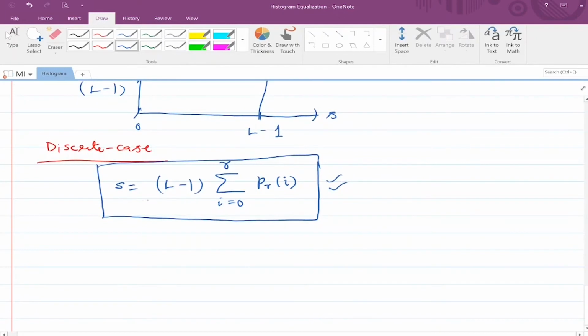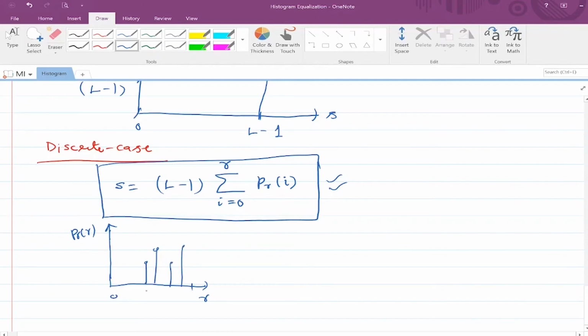All you need to do is, for example, now this is very easy to implement. Okay, let me quickly show you something here. You have, for example, some transformation here, 0 to L minus 1.